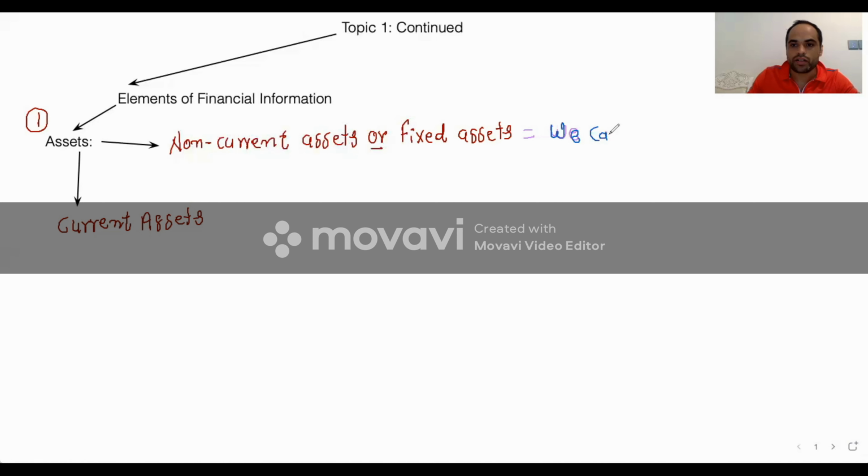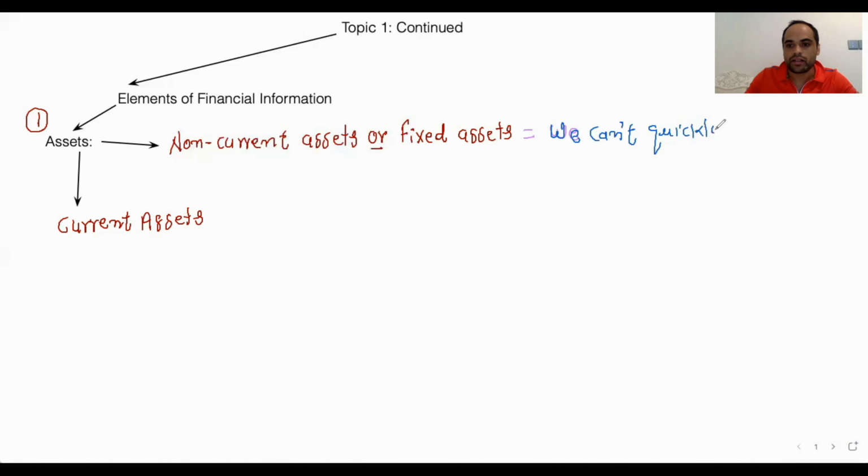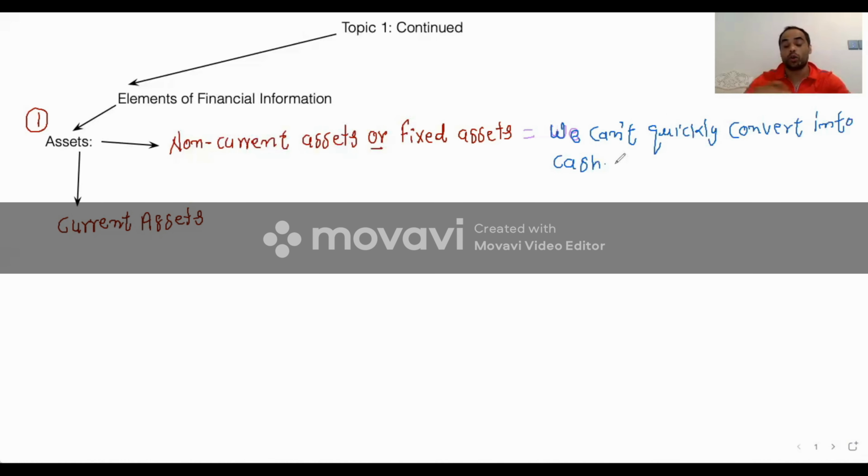That's called a non-current asset. The best example that we're going to discuss next: non-current assets include land, building, plant, machinery.